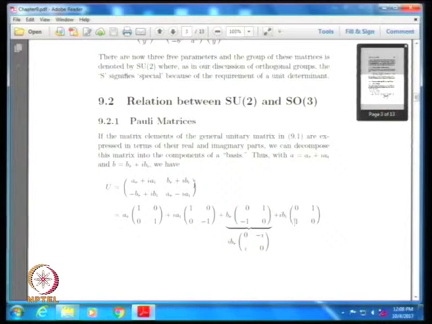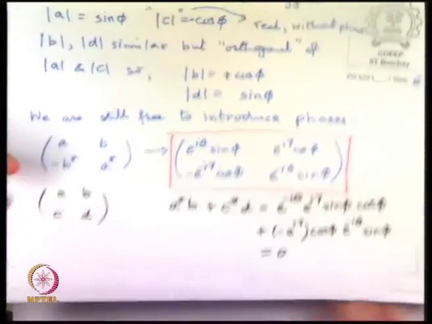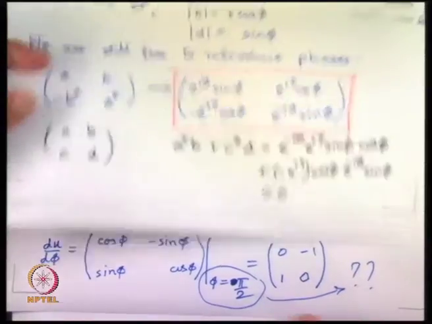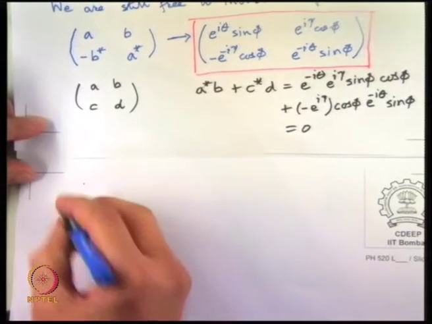I am sure this is good for some purposes, but not for the purpose we are trying. It relies on evaluating at pi by 2, which is not what we want to do. You can use that convention, but we are not going to use it. So, let me just go back to the AB convention.